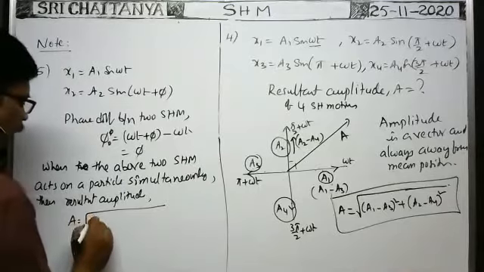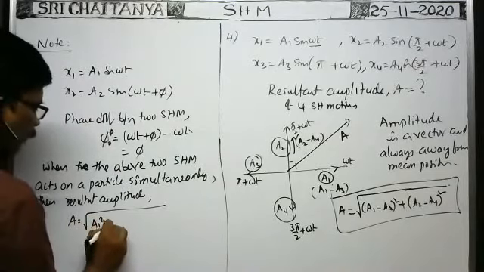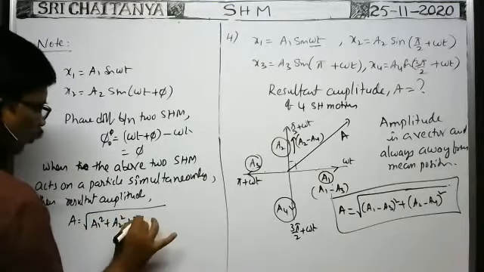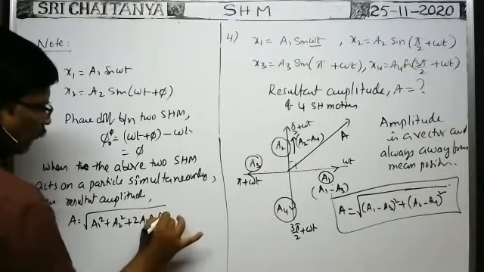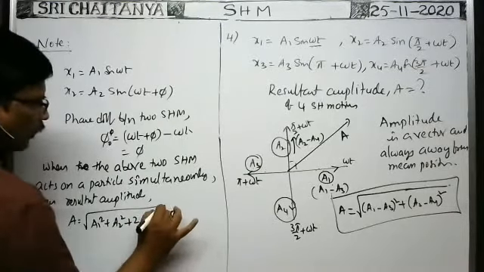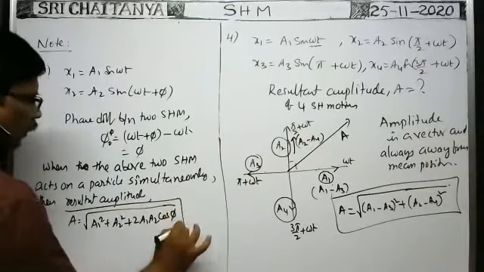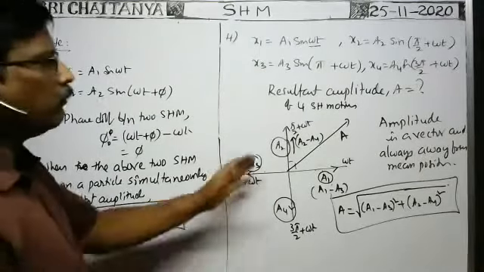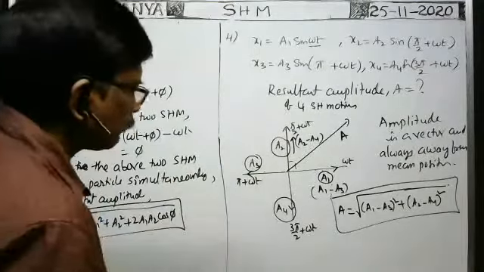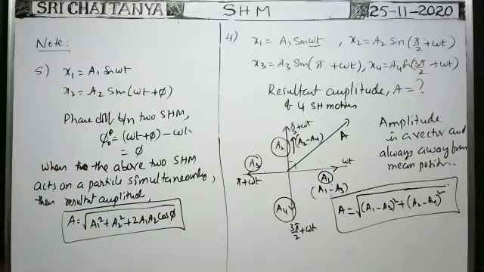Hence, the resultant amplitude is equal to square root of a1 square plus a2 square plus 2a1 a2 cos phi. So based on this formula only, we got the resultant amplitude. It is also an important problem.